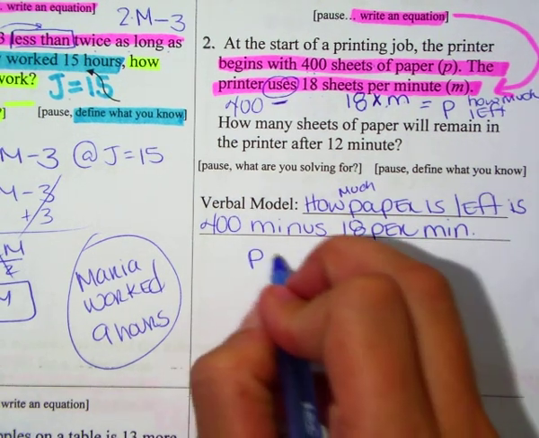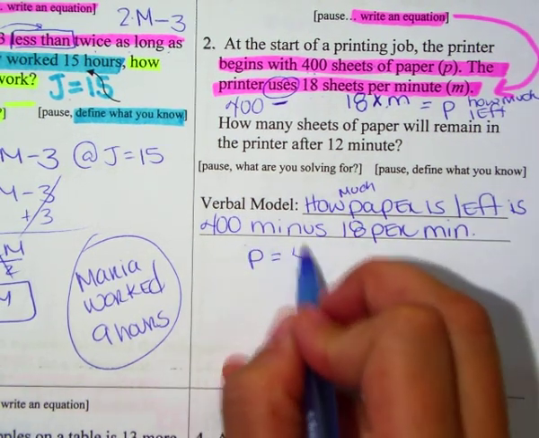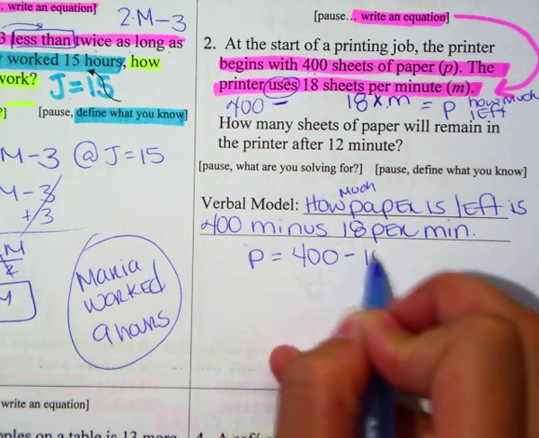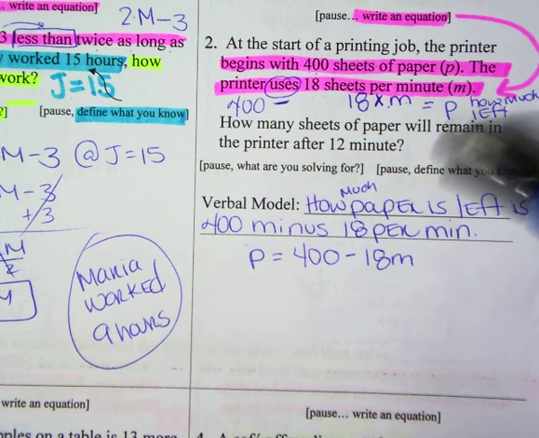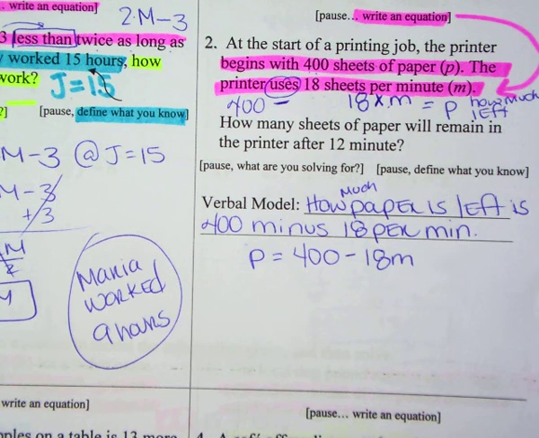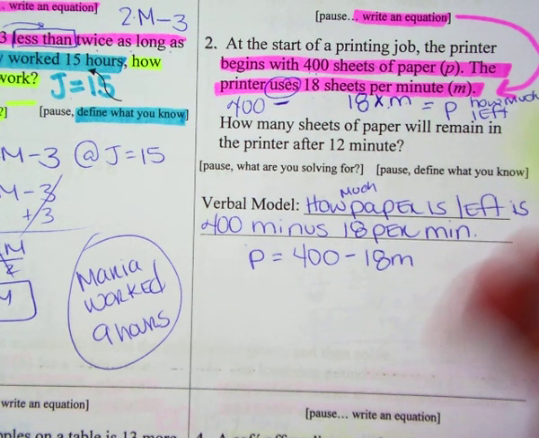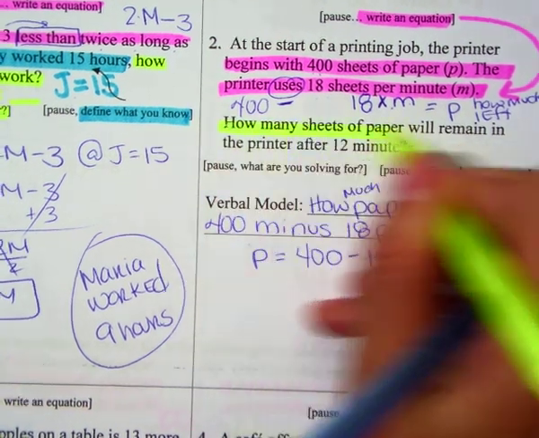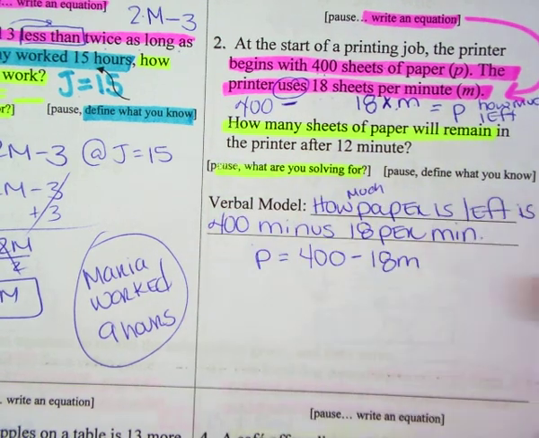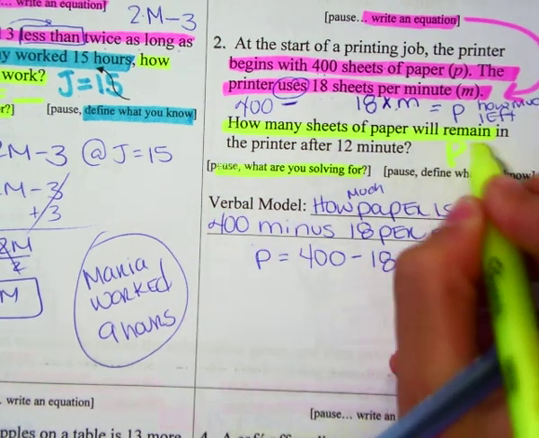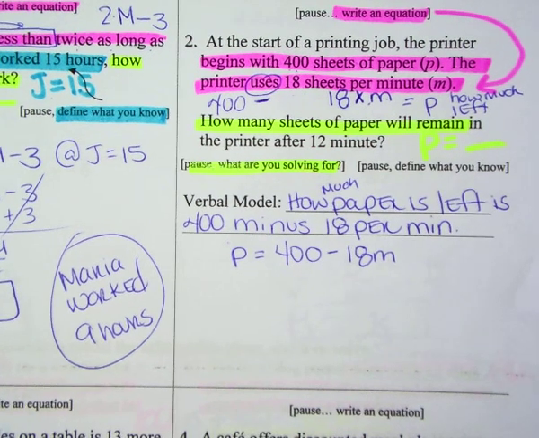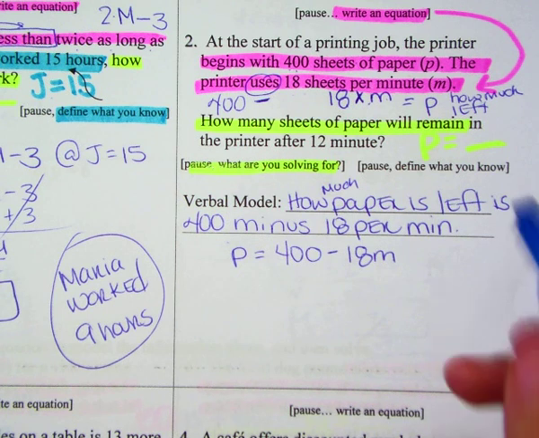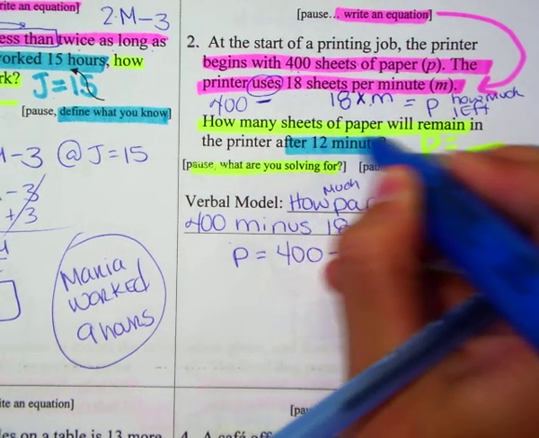P equals 400 minus 18 per minute. I haven't even read the second half, but I've written an equation. Now, how many sheets of paper will remain? I'm going to pause because that told me what I'm solving for. P equals is what my answer should look like. In the printer after 12 minutes.